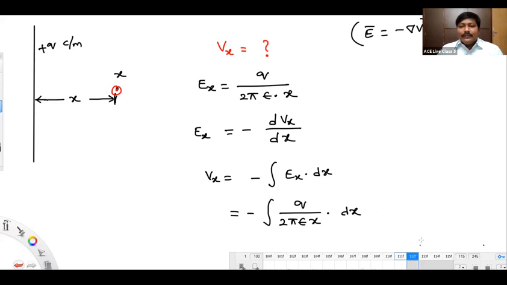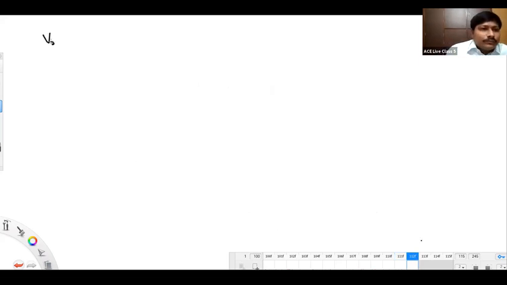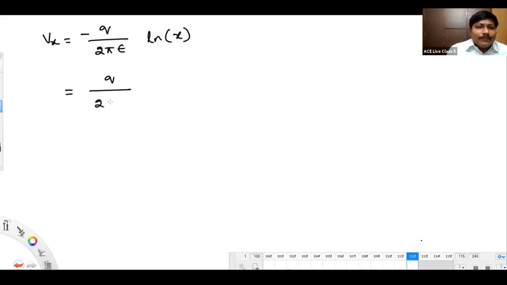Okay, so let me write Vx equals minus Q by 2 pi epsilon ln of x. It's an approximate expression I am writing. Strictly speaking, there will be some limits here that we are not considering.